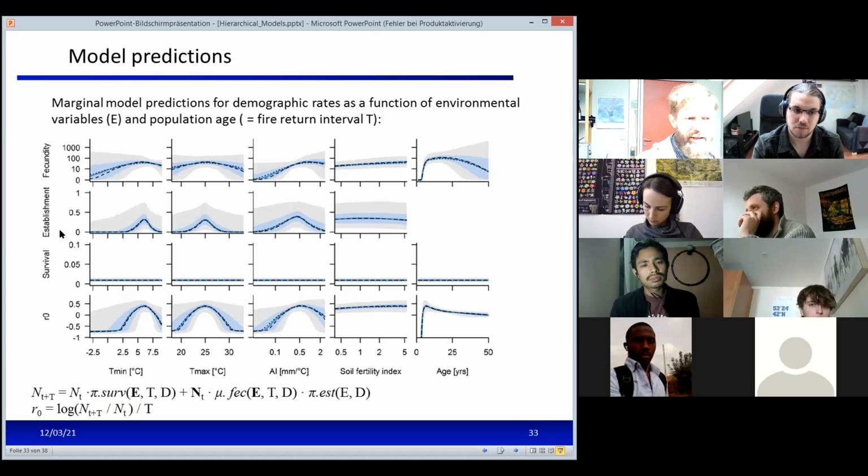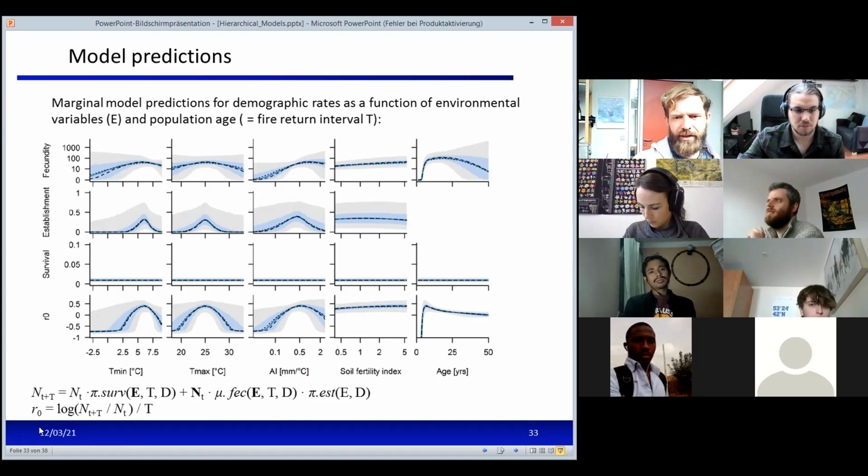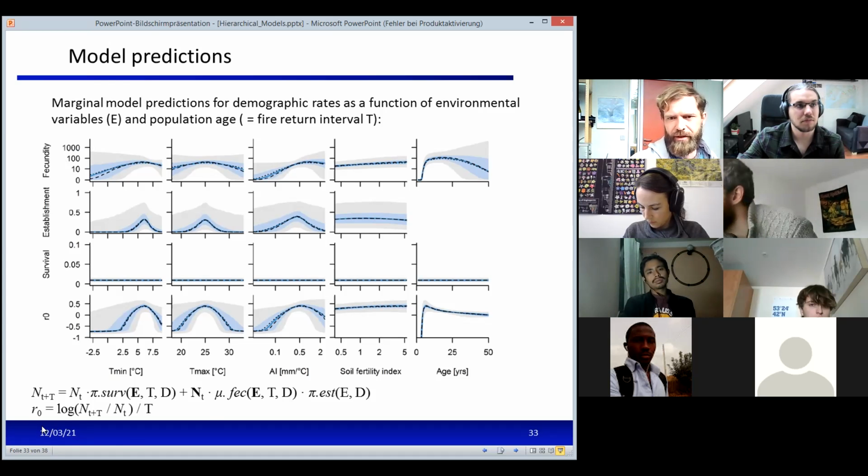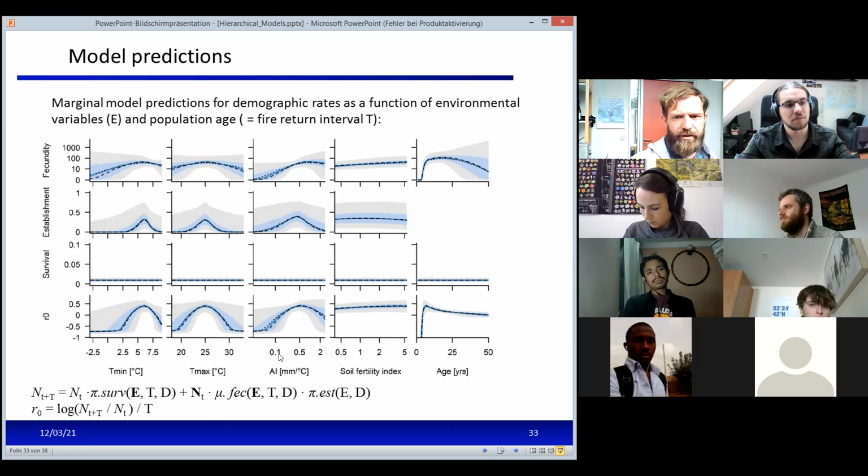But nonetheless, predictions of variation in these 3 key demographic rates then allowed us to also make predictions of change in the intrinsic population growth rate across environmental gradients.